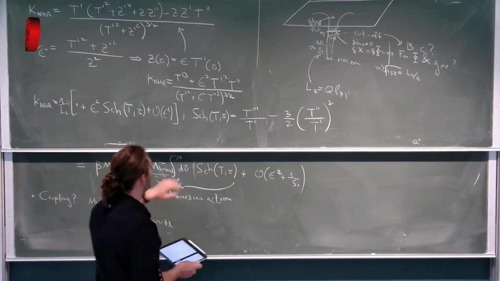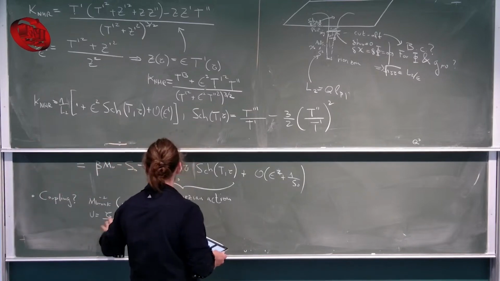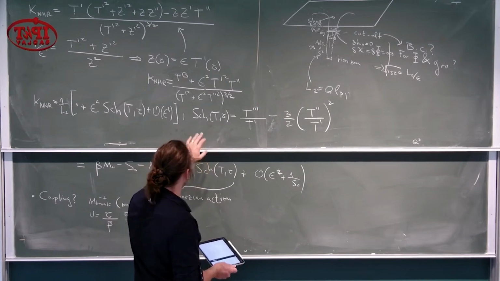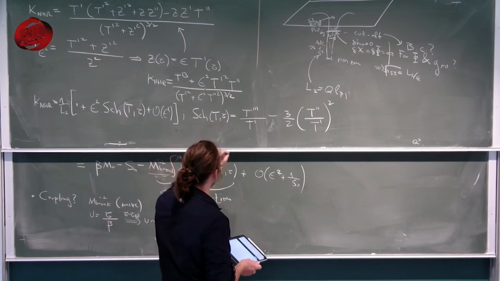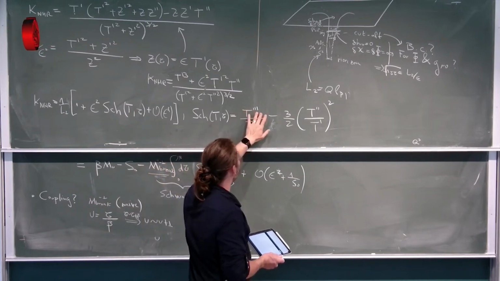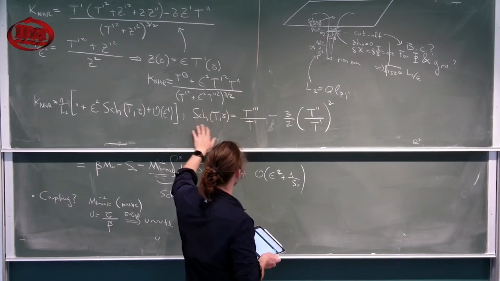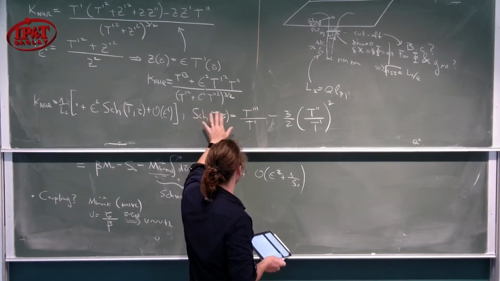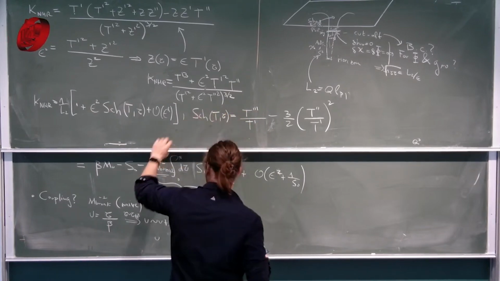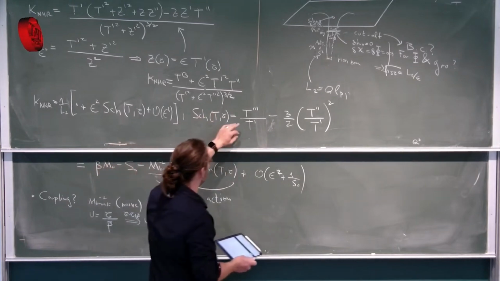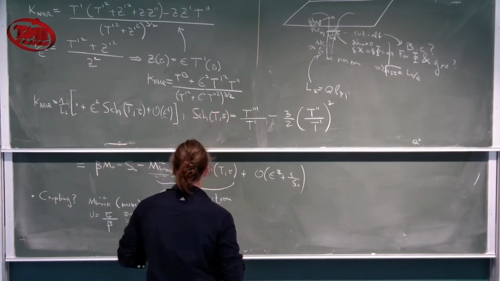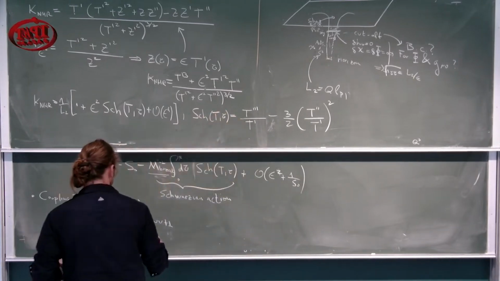Now if I go from the variable tau to the variable u, you can look at this action and notice that because of all the derivative terms, essentially the entire Schwarzian action after this rescaling is multiplied by a factor of beta squared.